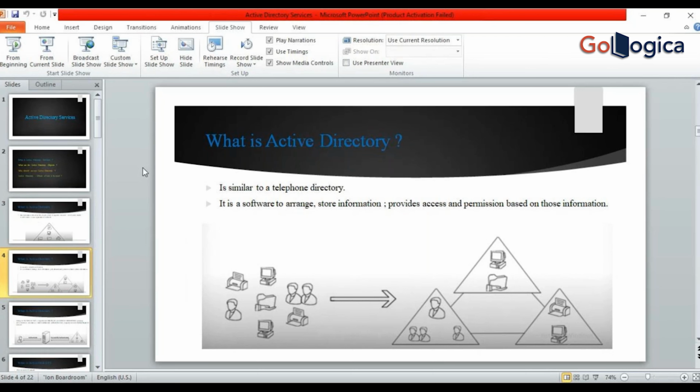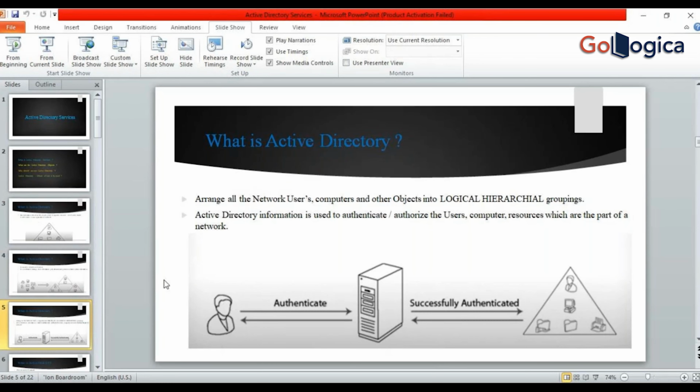So in the next slide, we can see that it is also the arrangement of network users, computers, and objects in a logical hierarchical grouping. So why is it called a network user?